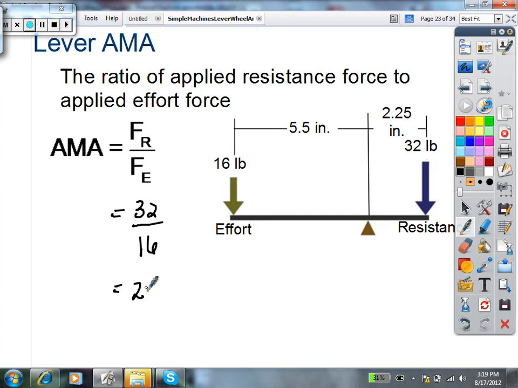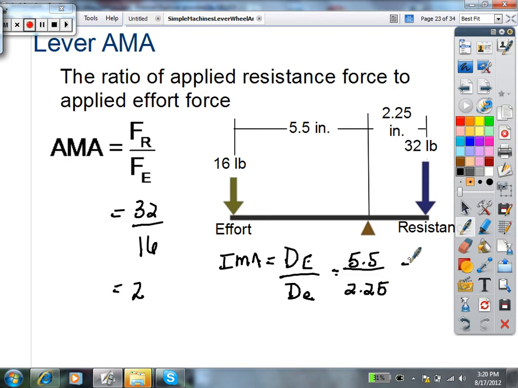Now the ideal mechanical advantage, remember we said that was equal to dE over dr. So that's going to equal dE, the distance from the effort to the fulcrum is 5.5, and dr is 2.25. Okay. So the ideal mechanical advantage is going to equal 5.5 divided by 2.25, which is 2.44.